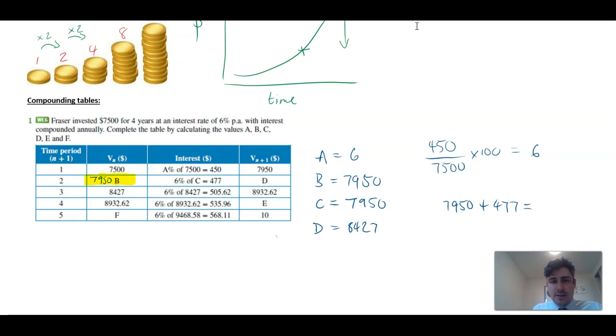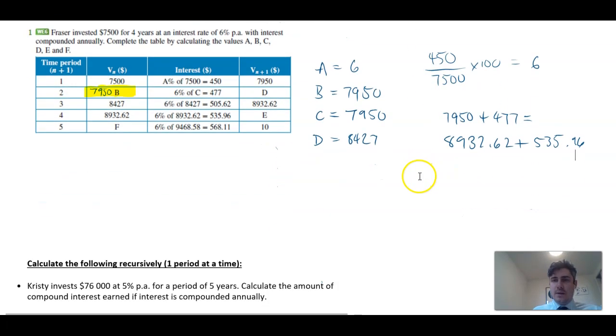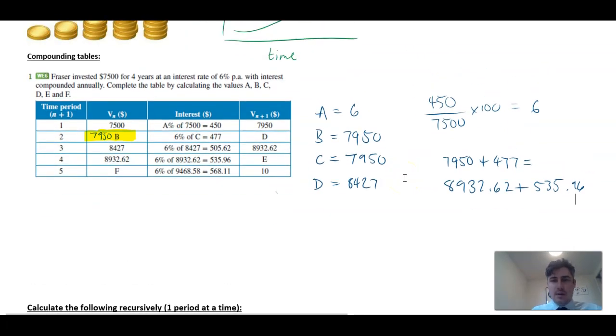Again, that bit's done for us, and now it's asking us to find E. So E is the sum of 8932.62 plus 536.96, and that will give us the new value.